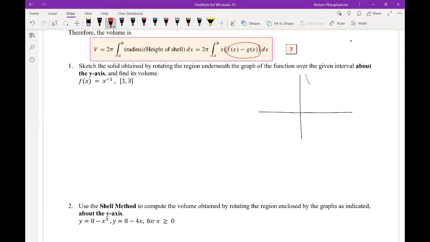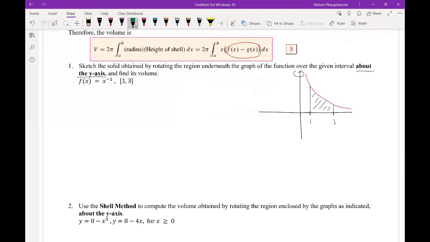Okay, so the function is like this. And then we would like to work with the interval from 1 to 3 here. Okay. And then now, what we want to do is rotate it about the y-axis. So we rotate this way.